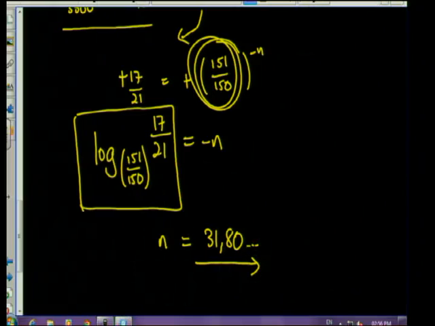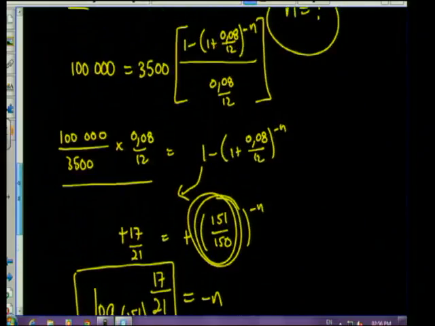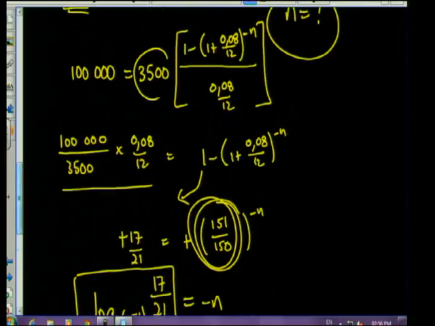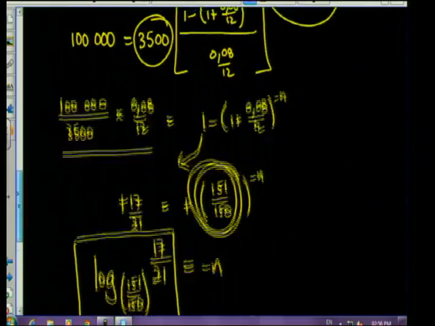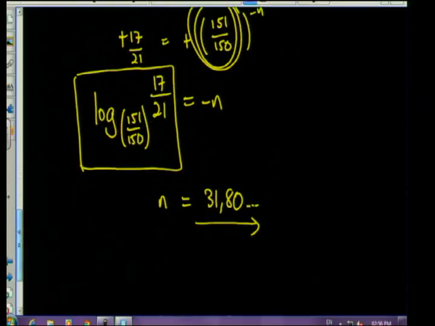What that is telling me is that if I chose to withdraw 3,500 at the end of every month, it will last for 31 and a bit months. It's not going to last for the full 32 months. So we've got to answer the question very carefully. If the question says to me, how long does it last? Well, 31.8 months. If they say, how many full withdrawals? 31 withdrawals.